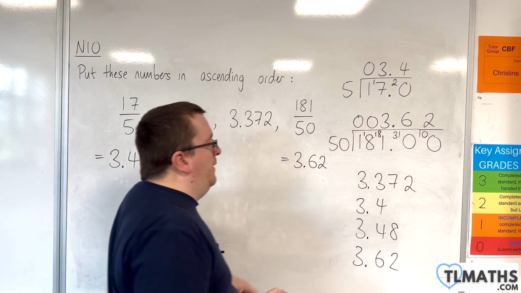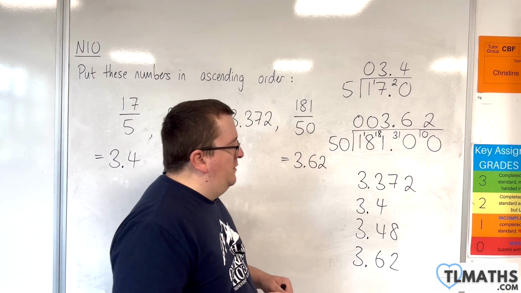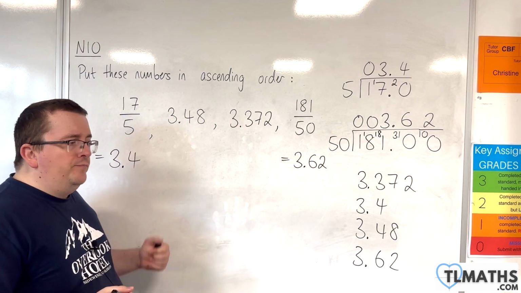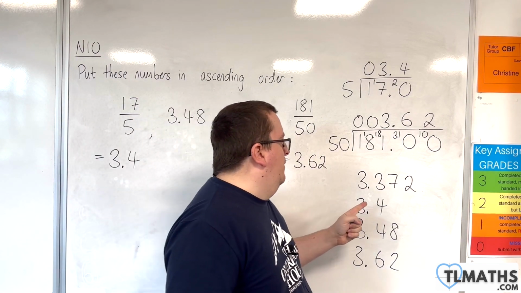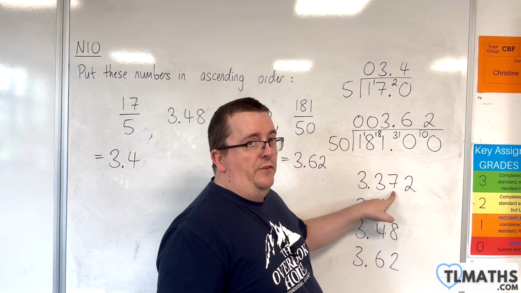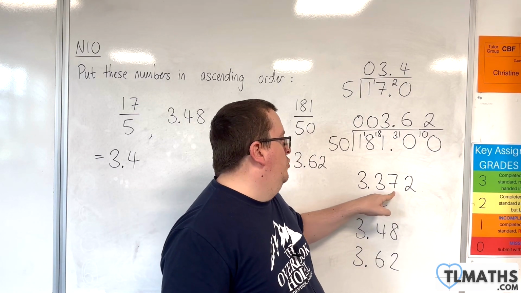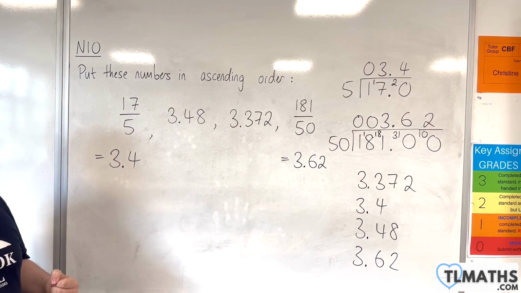Now, for those of you who are budding teachers out there who are not sure as to why there might be some confusion, some people get confused in thinking that, well, that represents 4, that's 48, that's 62, that's 372. So surely that one is the larger one. Okay, so that can cause some confusion.